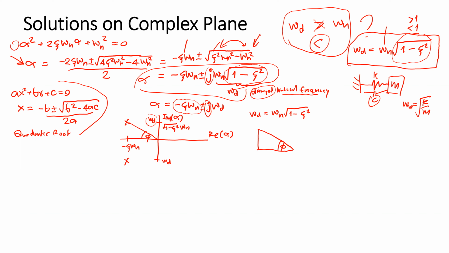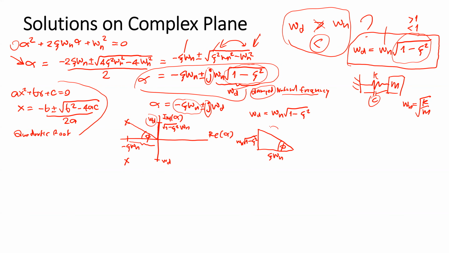This side of the triangle has the magnitude psi omega n. The vertical length here is equal to omega n multiplied by square root of 1 minus psi squared.